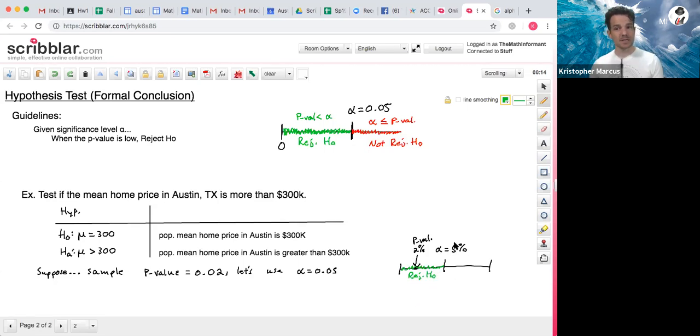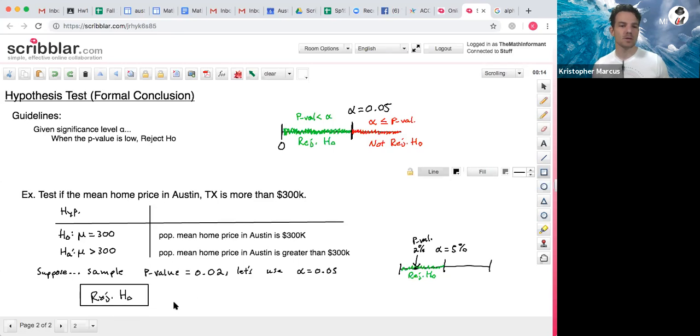So in this particular problem, formally, we would say we would reject the null hypothesis. And the reason we're going to reject the null is simply because there is more evidence from our sample that the mean is probably greater than $300,000.